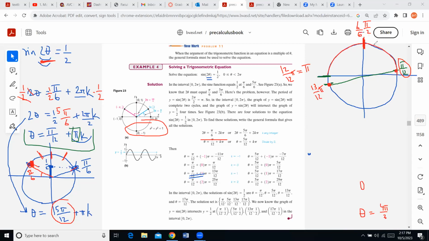So if you get 5, then it'd be a little bit less. So 5 pi over 12 is somewhere here in the first quadrant, people say. And then if you go with a half rotation, because we're again adding pi, this will give us another point here.